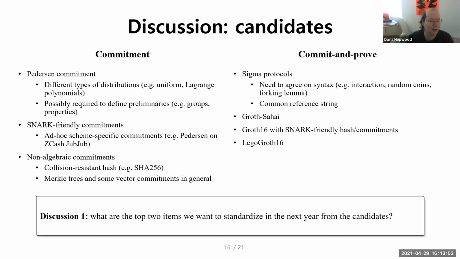But given that we do that, and if we do CommitImprove at all, then we should probably standardize how to use Groth16 specifically to do CommitImprove. Is the consensus on that? Yep, I think so. If there's anybody who doesn't agree, please say so. You have about 20 seconds before we wrap up and move on to the next session.